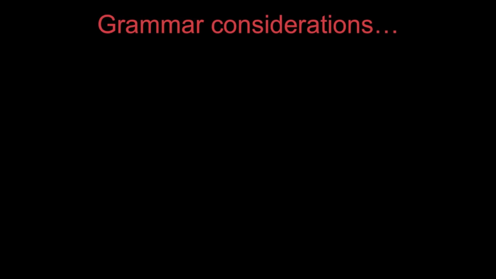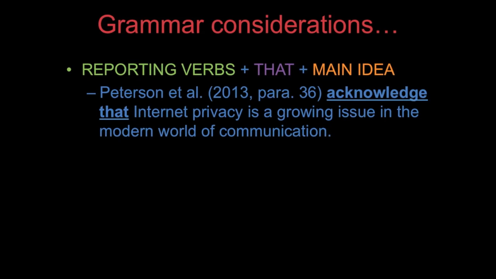There are several grammar considerations that we need to take into account. Here is one that is most common, the reporting verb plus that and then the main idea. The reporting verb is acknowledge, using that as a connector to the main idea of internet privacy as a growing issue.